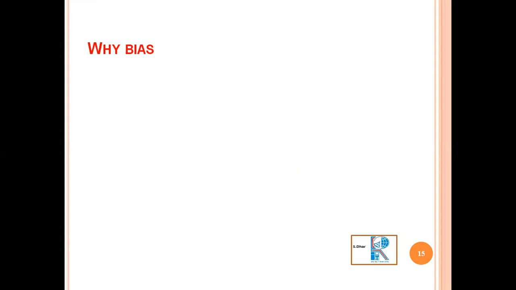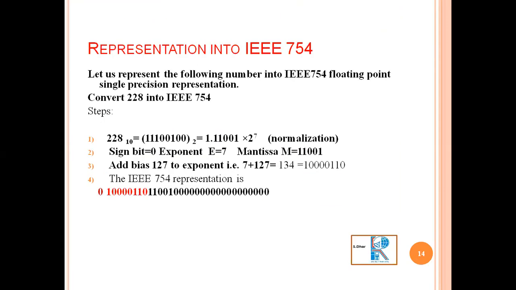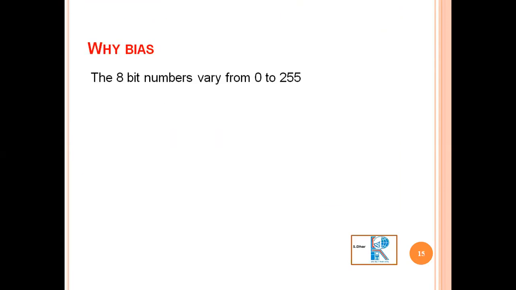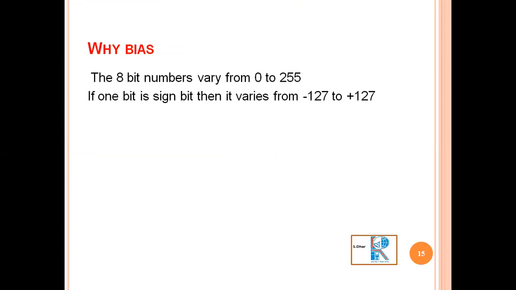So first, this is the IEEE 754 representation. Now the question is why bias. I have written here that we have to add the bias. Now the question is why bias is required. See here, the exponent is 8-bit, as I have already told. So with 8 bits we can represent 0 to 255.